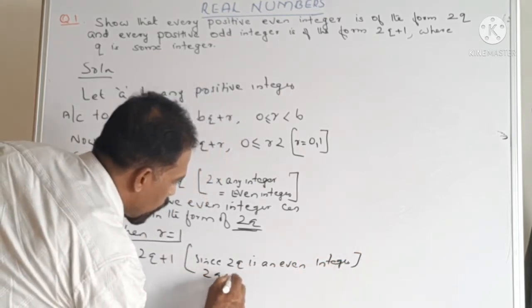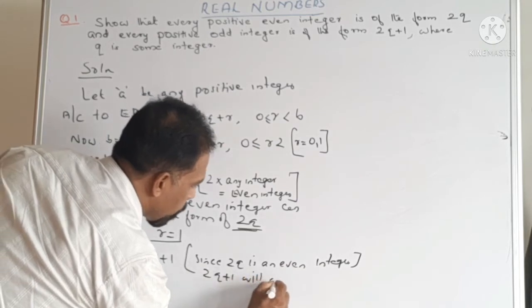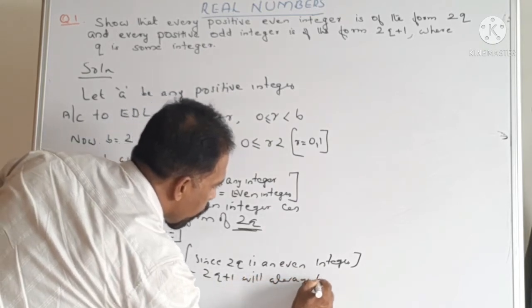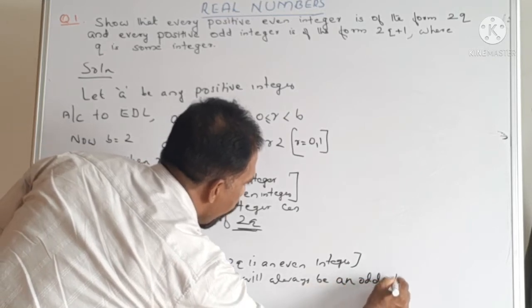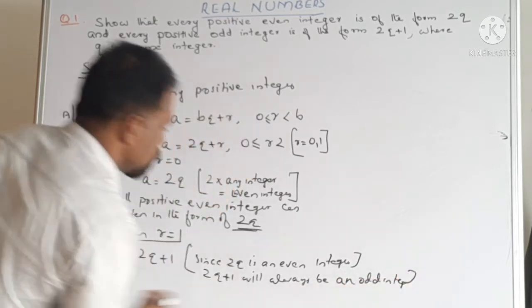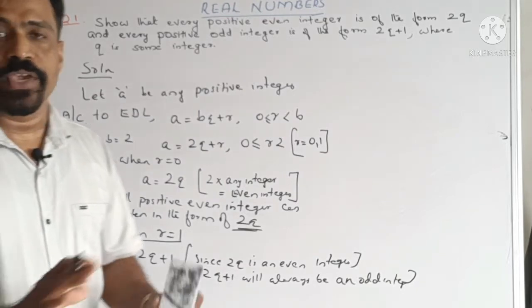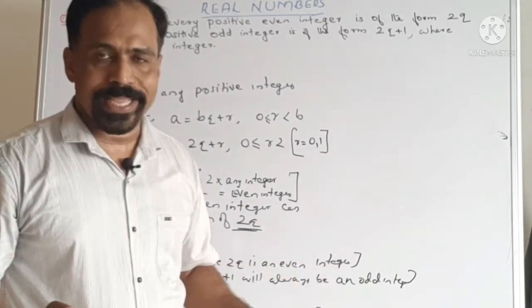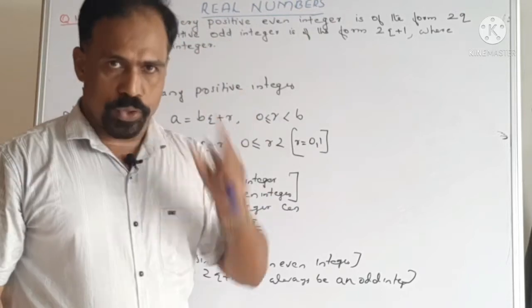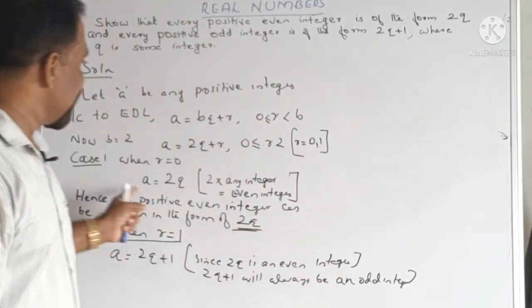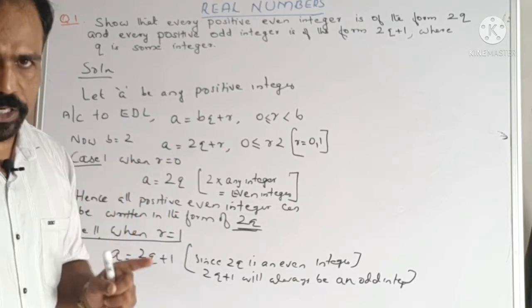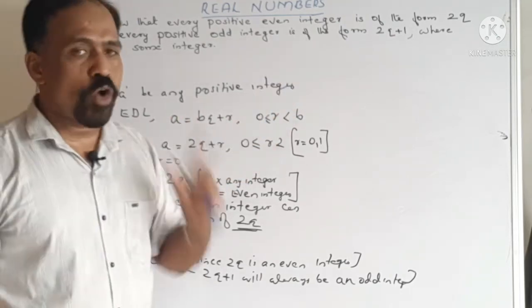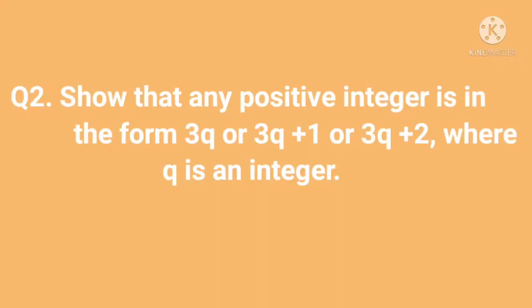So 2q plus 1 will always be an odd integer. That's all. We have shown that all positive even integers can be written in the form 2q and all positive odd integers can be written in the form 2q plus 1.